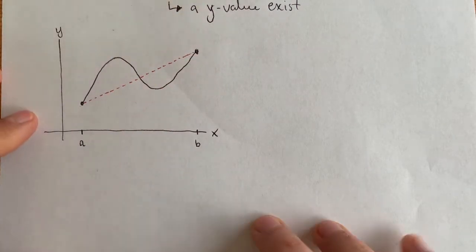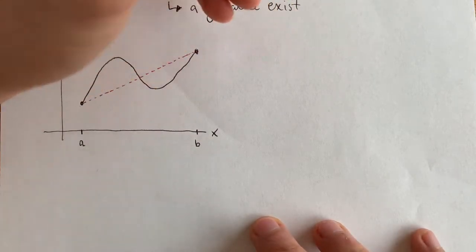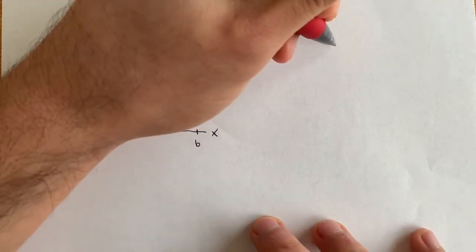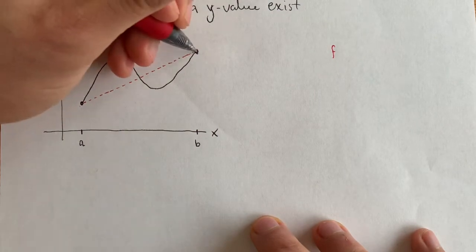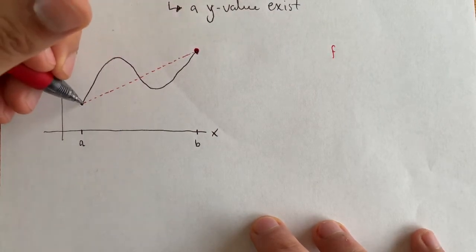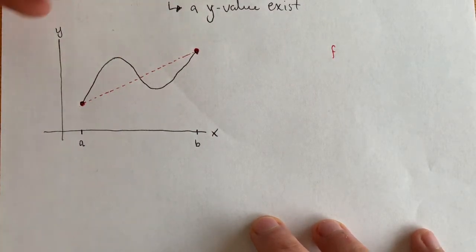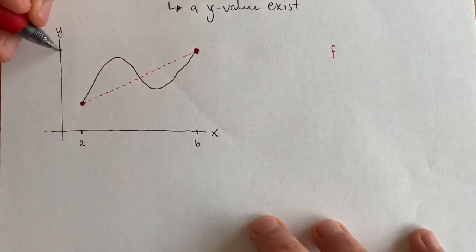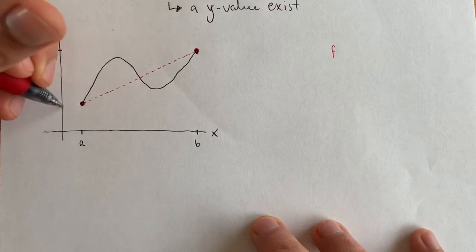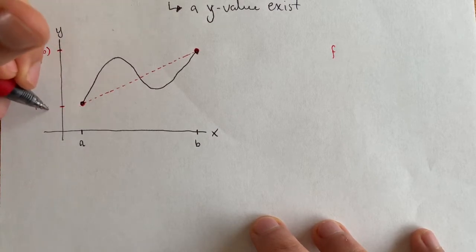This would be called the secant line. And so to find that slope would be by doing the y value, like this is just truly slope, y2 minus y1. But this value, instead of calling it y2, we can call it f of b. And then this value, we could call it f of a. Those are the y values.